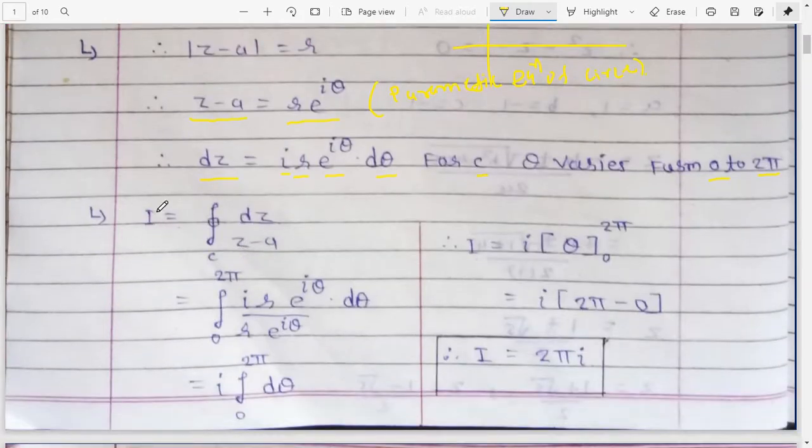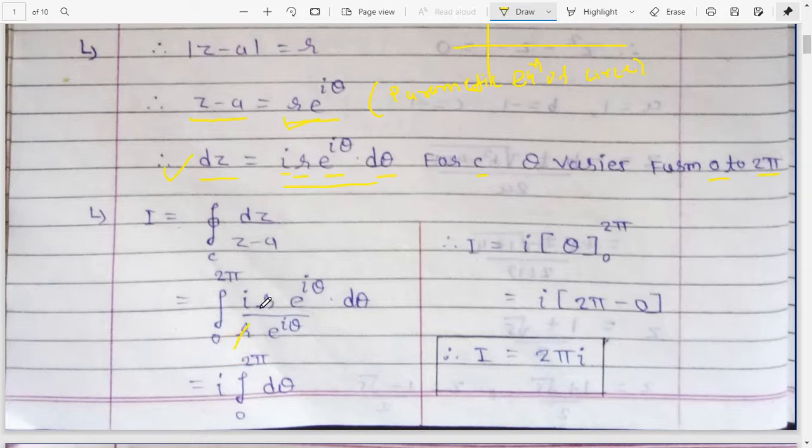Now in the integration, I is equal to the integration over closed curve C of dz upon z minus a. Put the value of dz as I into r into e raised to I theta into d theta, and put the value of z minus a is equal to r into e raised to I theta.